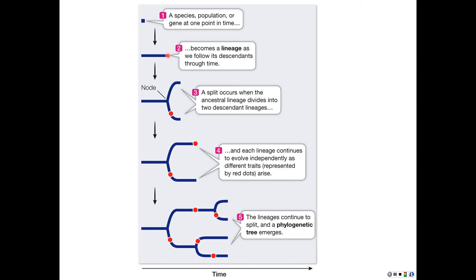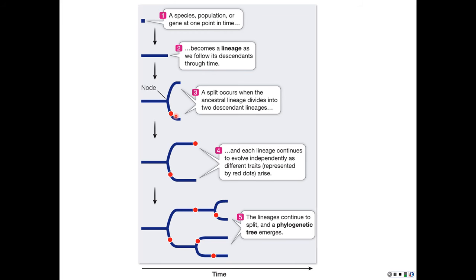But what can sometimes happen is a split can occur, where a lineage splits into two different lineages, right? We have some kind of reproductive isolation happening that splinters this into two subpopulations, and these subpopulations speciate into different species. So we would then refer to this lineage as the ancestral lineage, and these as the descendant lineages.